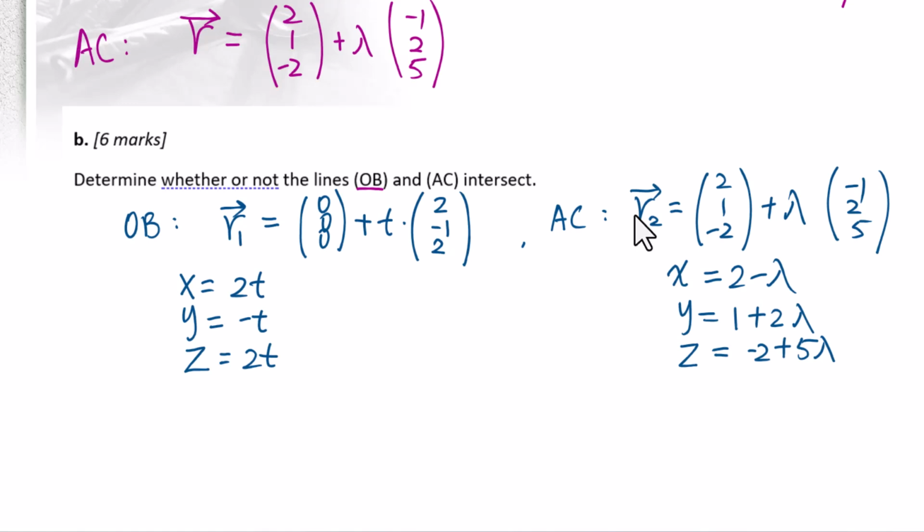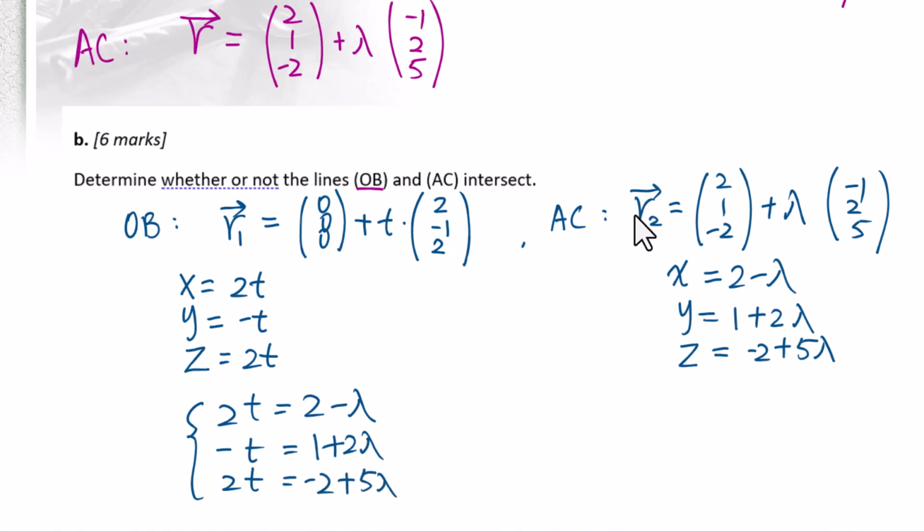Then we will set up these two parametric forms equal to each other. We got 2t equals 2 minus lambda, -t equals 1 plus 2 lambda, 2t equals -2 plus 5 lambda. Let's label equations 1, 2, 3.